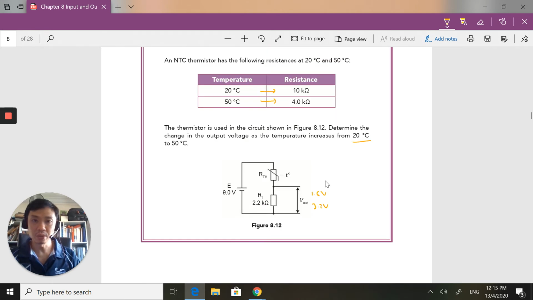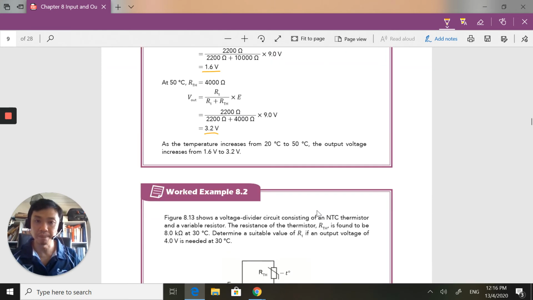So the voltage change is from 1.6 to 3.2 as temperature changes from 20 to 50 degrees Celsius. As the temperature increases, the V out signal goes from a low to a high. You could look at it that way.